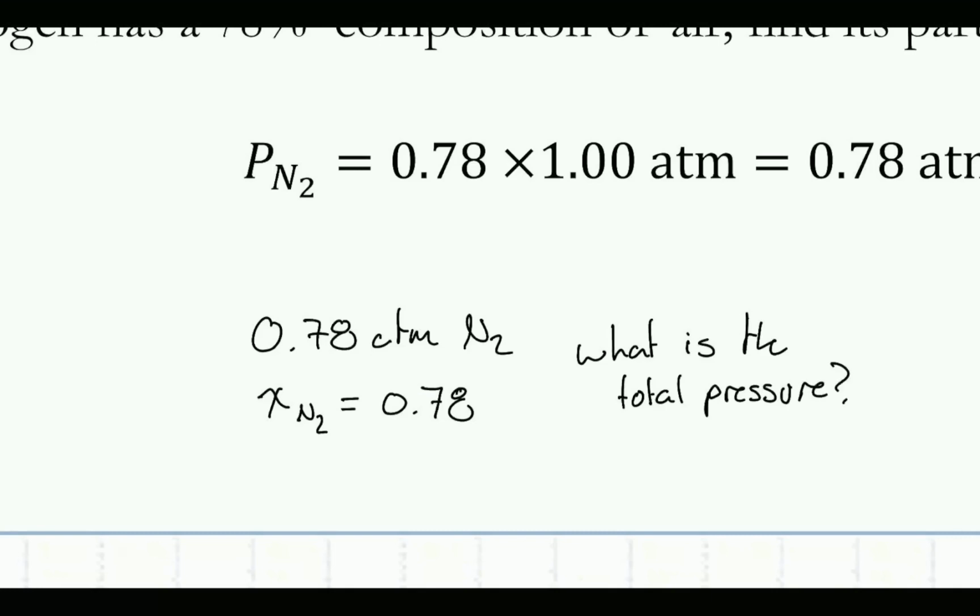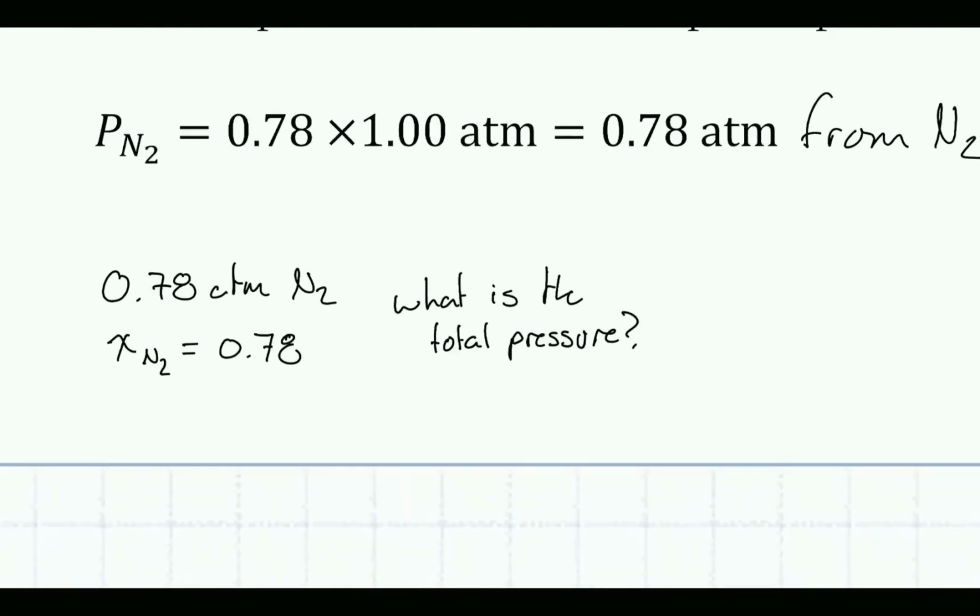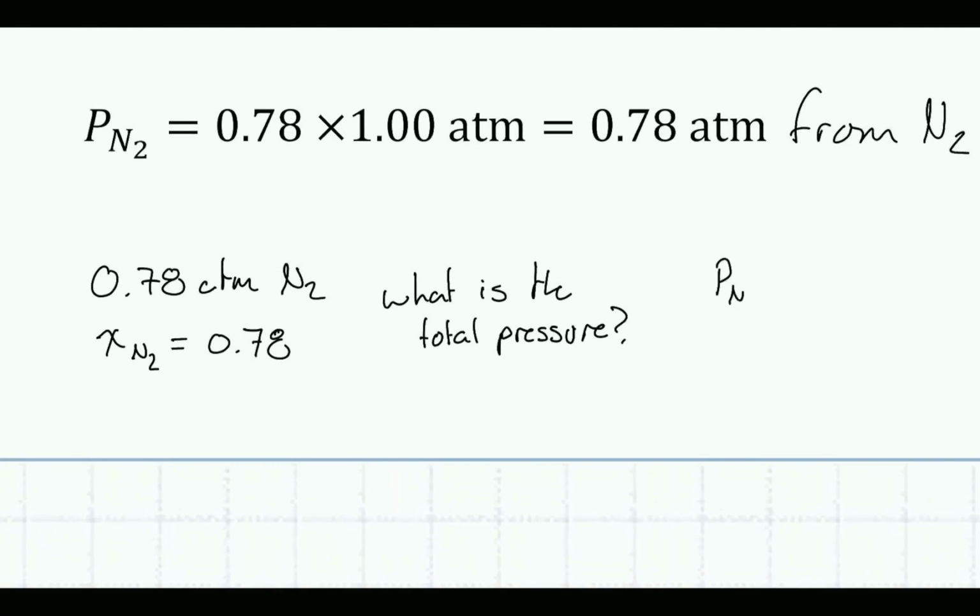Because at least in my mind, going backwards like this with percentages or fractions just never completely clicks, so I always write this one out. If I write out that the pressure of nitrogen equals the mole fraction of nitrogen times the pressure total, now I can plug those numbers in. The pressure of nitrogen is 0.78 atmospheres, and the mole fraction is 0.78.